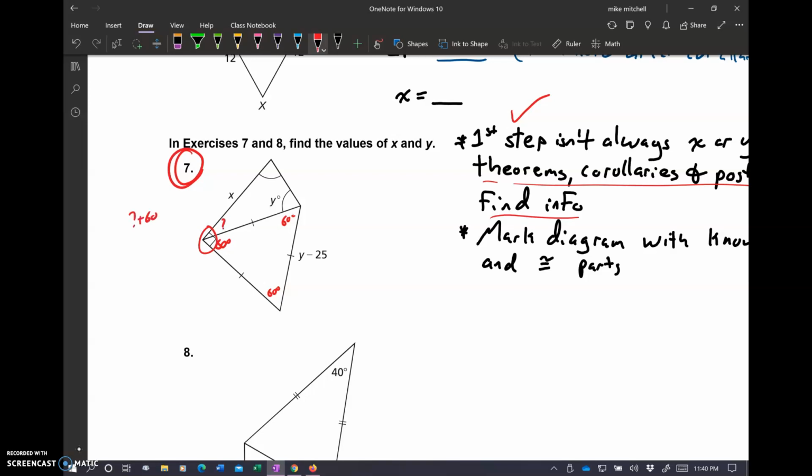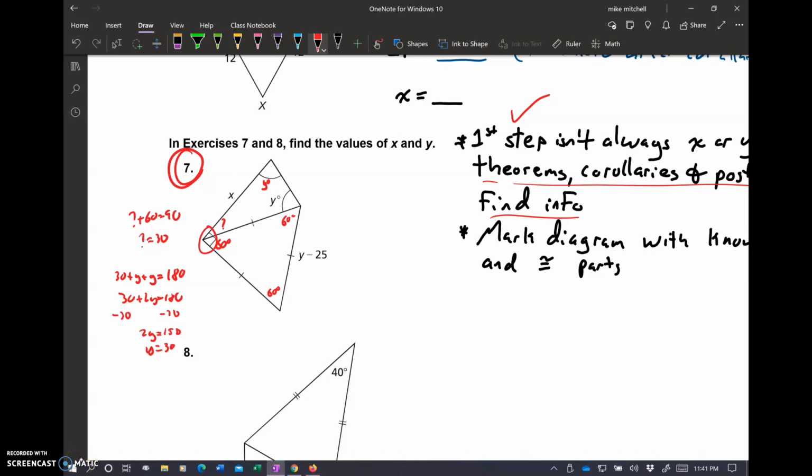Question mark plus 60 has to add up to 90. So question mark equals 30. I can find y now because both of these are y. They're marked congruent. I've got 30 plus 2y equals 180 degrees, triangle angle sum theorem.